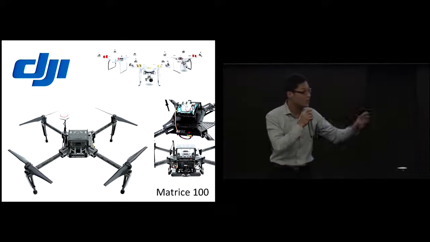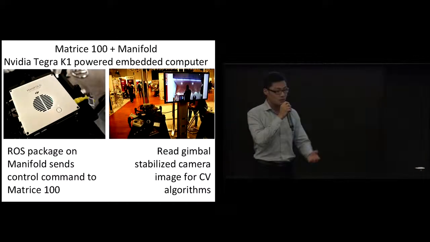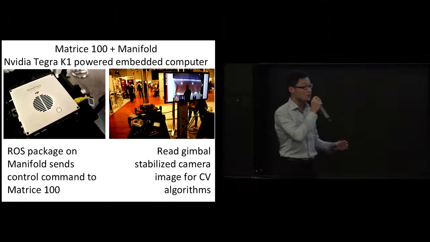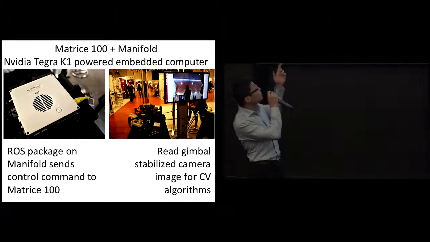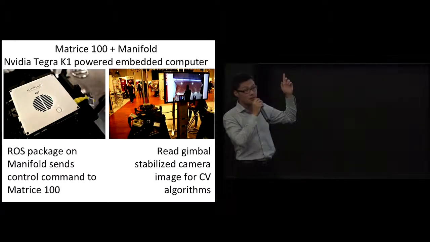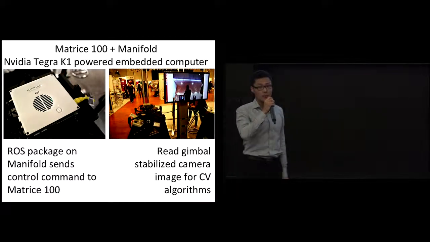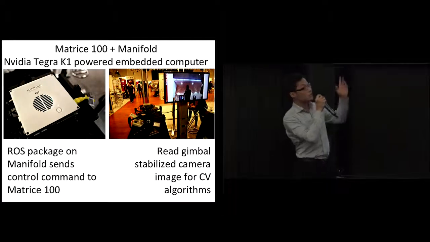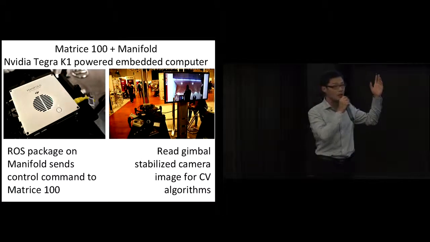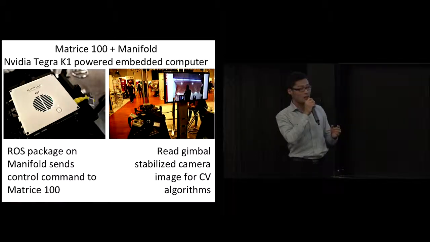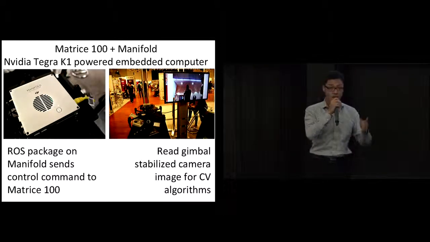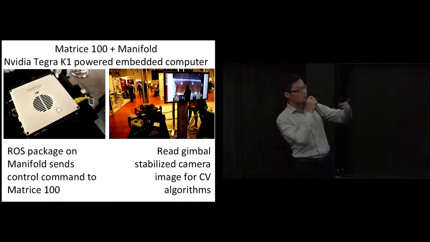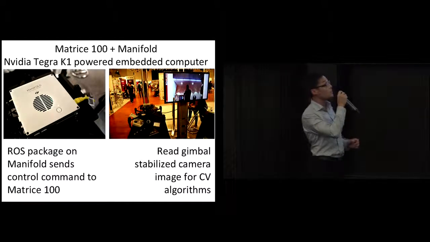Next slide, please. Since we want to make the system more integrated, we developed our own version called Manifold. This is an NVIDIA TK1-based embedded computer. It has a close connection with our flight controller. It has built-in hardware connectors that allow you to directly connect to our flight controller, and it has the ability to read our gimbal-stabilized camera from the system.